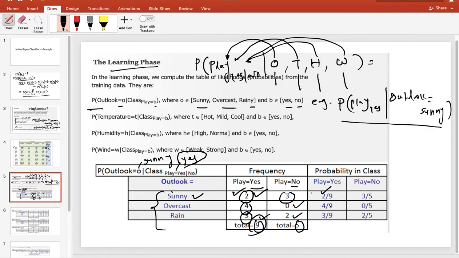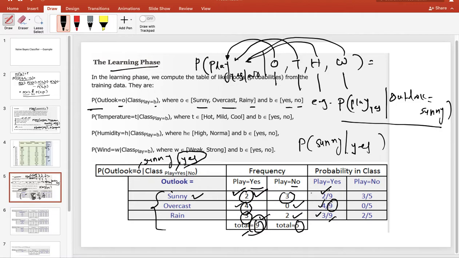So 2 by 9. Similarly, we played a total of 9 days, and out of those 9 days, only 4 days were overcast, right? So 4 by 9. Again, out of 9 yes, the outlook was rainy thrice. So this probability is precisely the probability of sunny and play is yes.